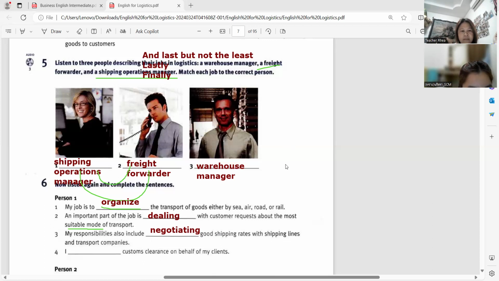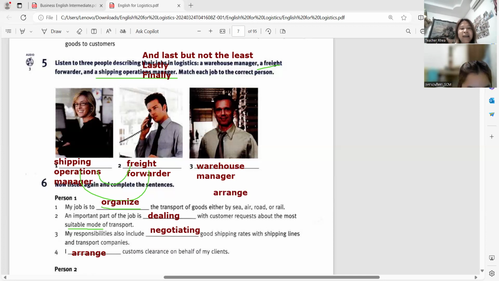Apart from that, I have to deal with all the necessary documentation, and in many cases, I arrange customs clearance on behalf of my clients.